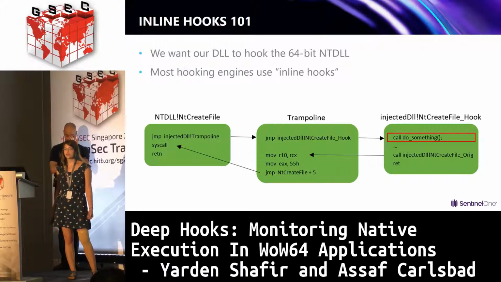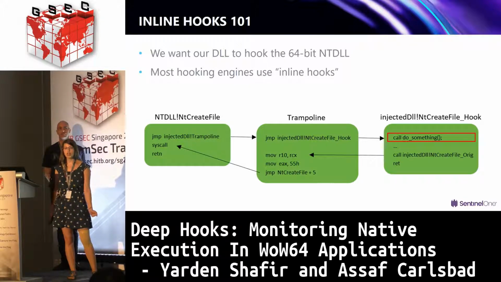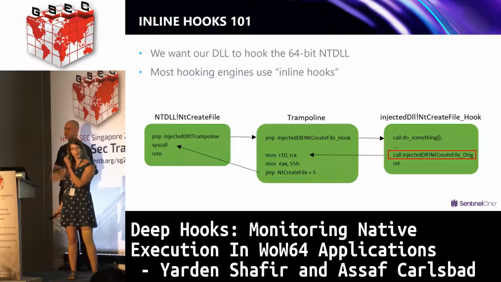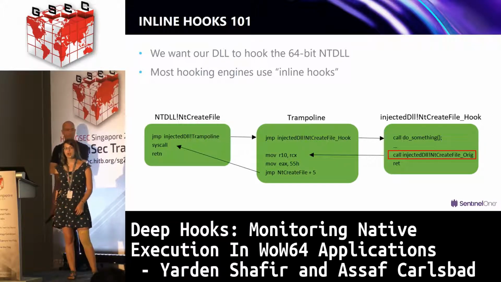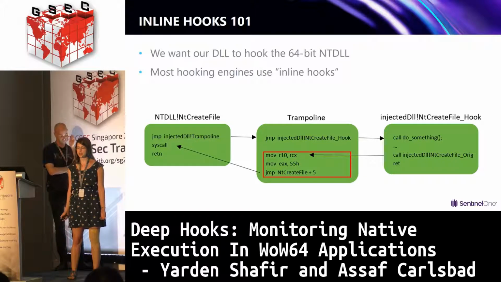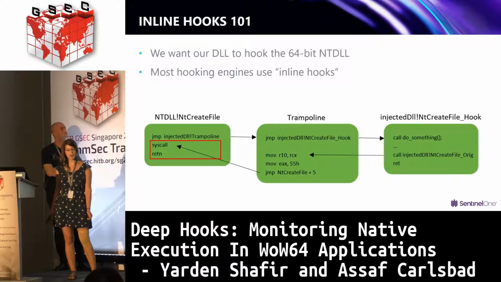Our detour function can run whatever code we want, either before or after, eventually calling back into the original function. When we call back into the original function, we first have to call into the trampoline in order to run the missing instructions that we wrote over in our hooked function. Then we jump back into the hooked function to allow it to resume its normal execution.